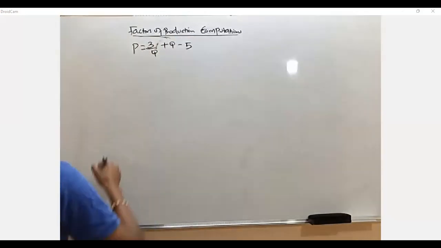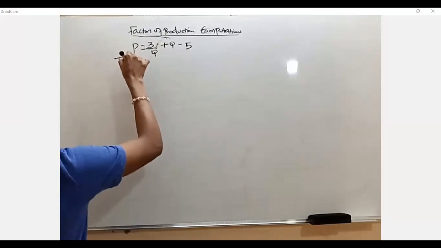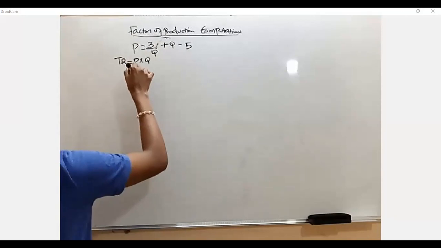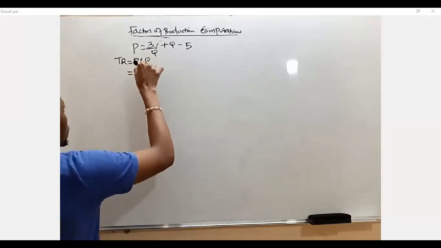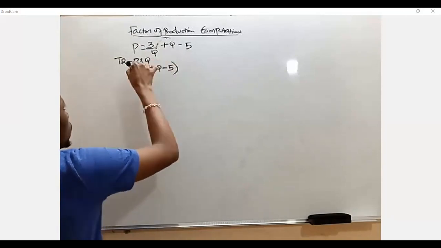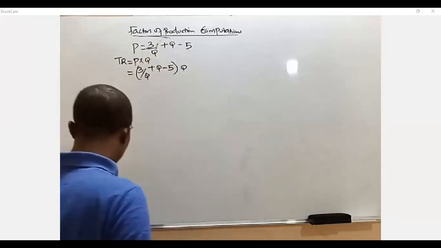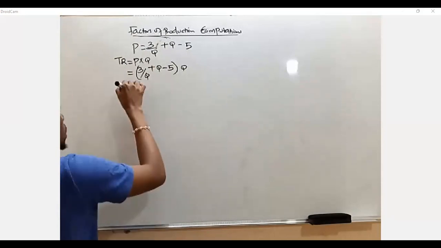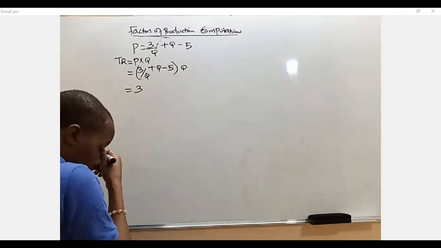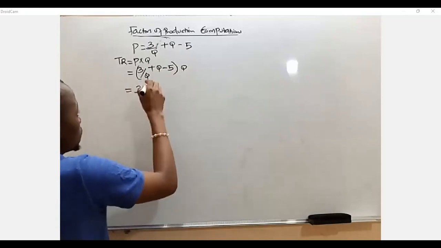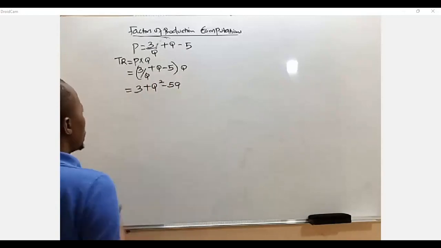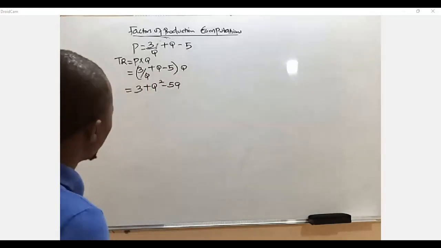To remind ourselves, to get the total revenue, we need to take price times quantity. So how much is our price? Our price is 3 divided by Q plus Q minus 5. Then we multiply by Q. In this case, the Q cancels, so we are left with 3 plus Q squared minus 5Q. That is our total revenue function.